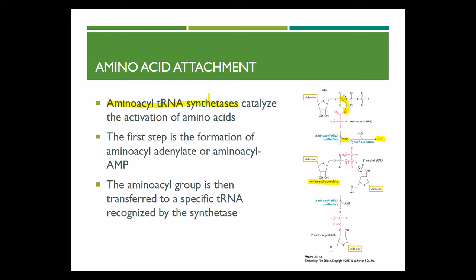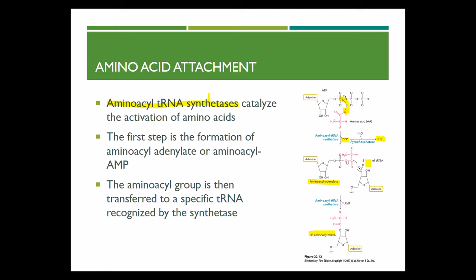Now, the aminoacyl transfer RNA synthetase catalyzes the formation of an ester bond between the activated amino acid and a hydroxyl group of the ribose at the 3' end of a transfer RNA, which results in the aminoacyl transfer RNA.